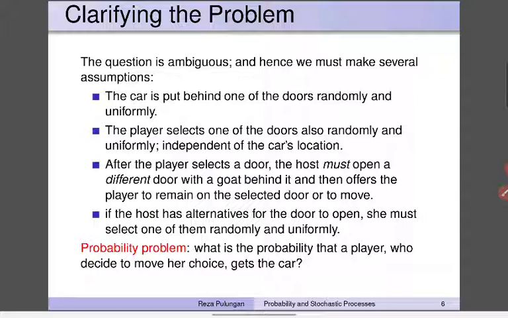The host must open a different door with a goat behind it and then offers the player to remain on the selected door or to move. If the host has alternatives for the door to open, she must select one of them randomly and uniformly. Now we can properly define our probability problem, which is: what is the probability that a player who decides to move her choice gets the car?